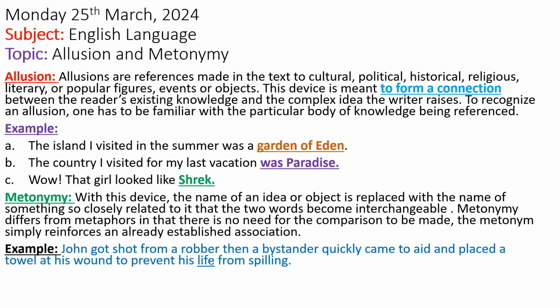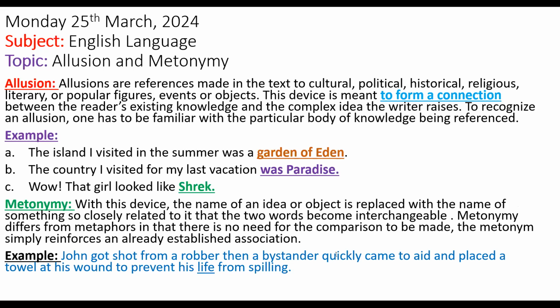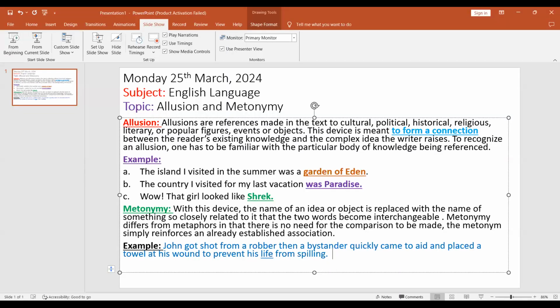But blood and life, they are metonymy. I don't know if you've ever heard the statement that the life is in the blood, right? So blood equals life, right? So it's a metonymy because we don't have to say blood.